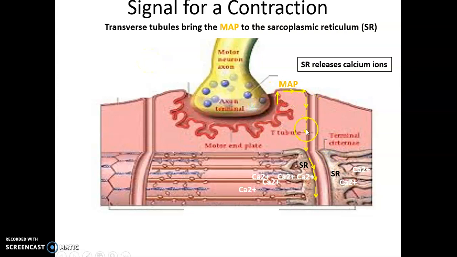When the muscle action potential reaches the triad, reaches that area where the transverse tubule is adjacent to the sarcoplasmic reticulum, this will cause the sarcoplasmic reticulum to release its calcium ions.